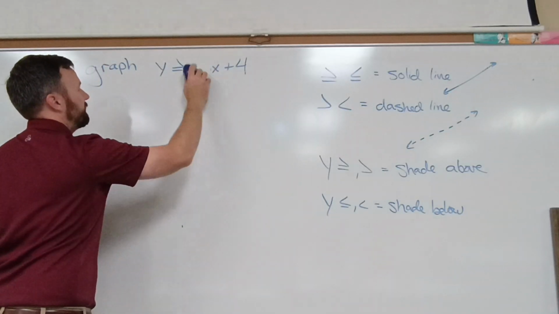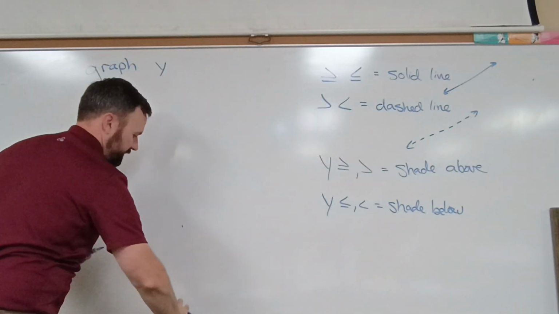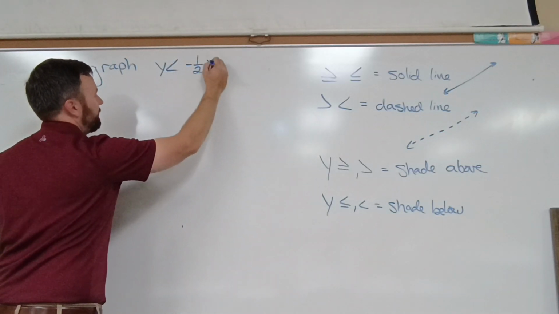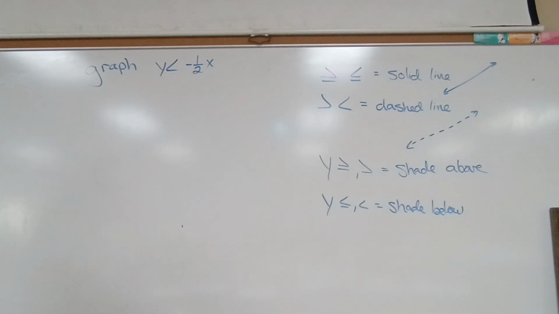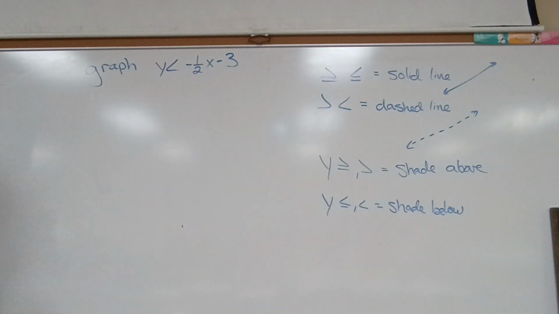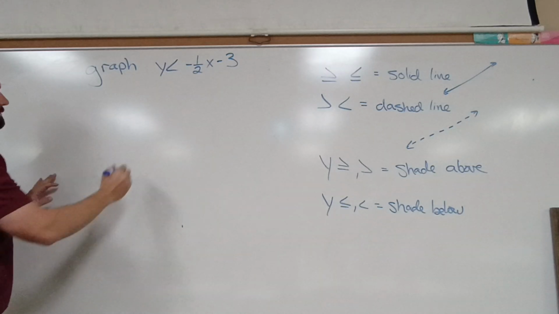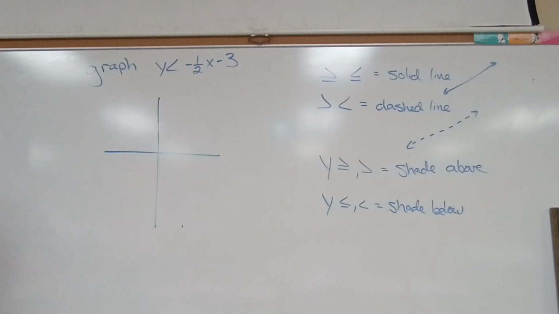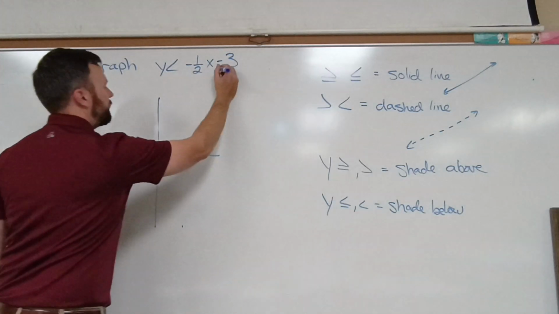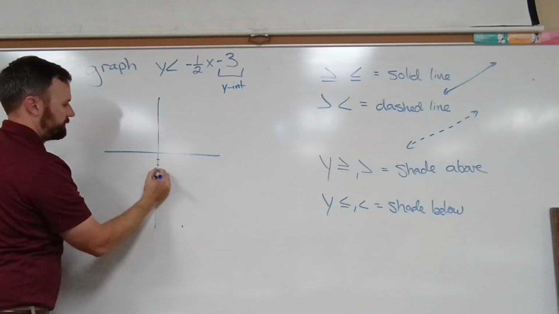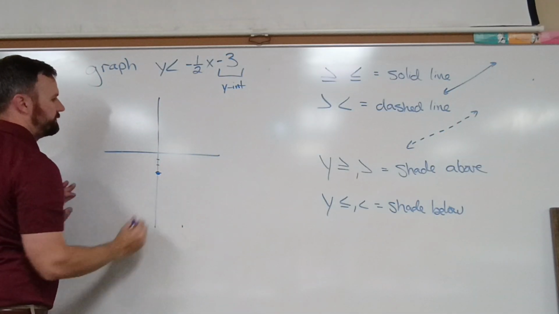All right, let's do another graph. Let's do a trickier one. y is less than negative 1/2 x minus 3. So the y-intercept is negative 3, put that down.